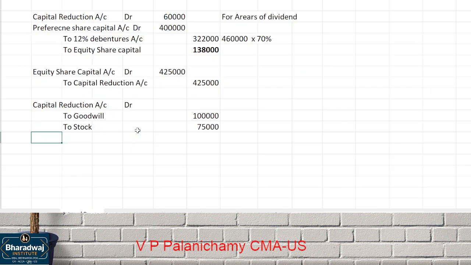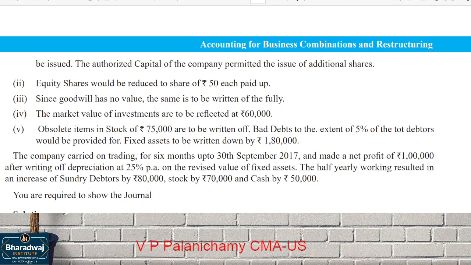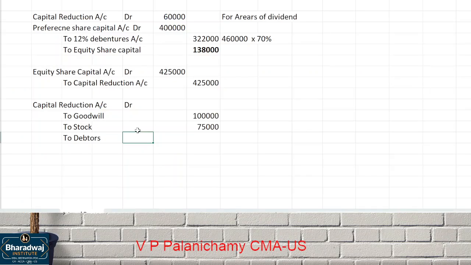Obsolete stock 75,000. To debtors. How much would you write off? 5%. Any other asset to be written off? Other fixed assets. 1 lakh, 80,000.